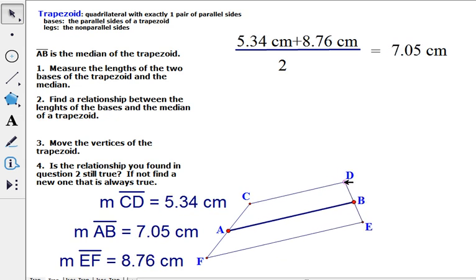So if I know the length of the two bases, and I find the average of them, I will find the length of the median. Or maybe sometimes it gives you the median and one of the bases. Well, you can plug it into this little formula, and you'll be able to find the length of the other base.